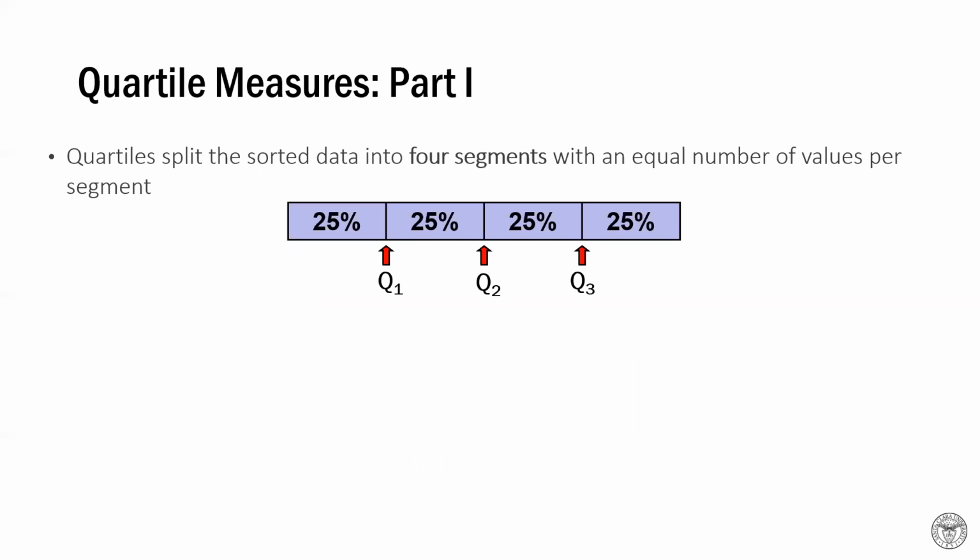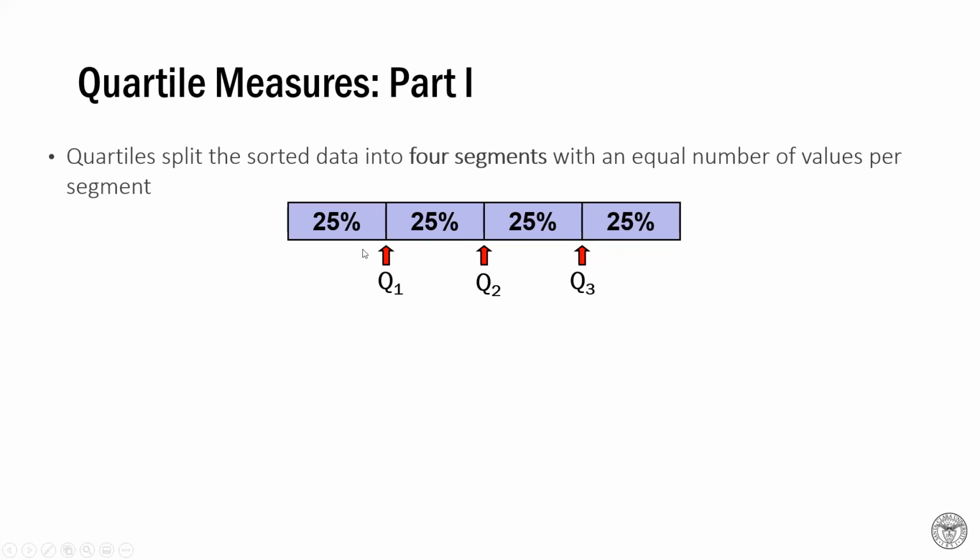Different from using only the highest and the lowest values to measure the spread, a more subtle approach is to examine the quartiles. To measure quartiles, we equally split the sorted data into 4 segments. In other words, each segment has 25% of data. The first quartile is at the 25% point.